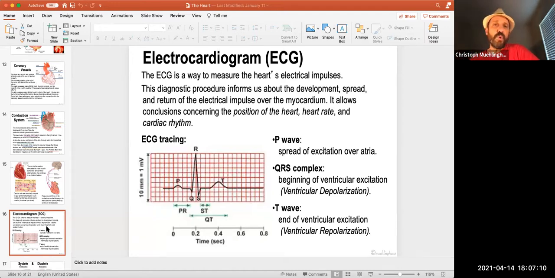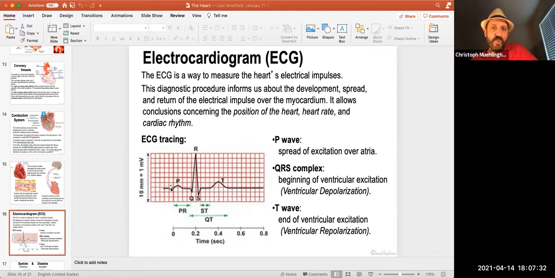That's very important for diagnostics and helps us understand certain problems in the myocardium, in the heart muscle. ECG stands for electrocardiogram, and sometimes you see the cardio written with a K, so you see EKG written.